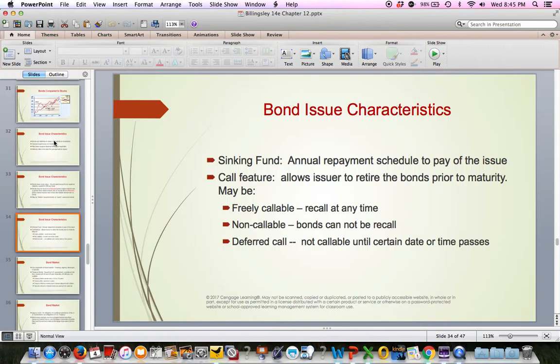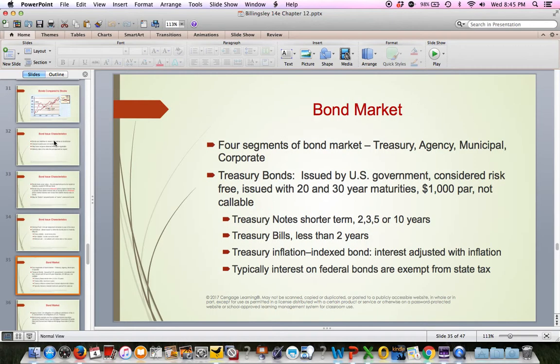If interest rates drop, they will want to refinance the bond issue, and if the bonds have a call provision, that makes that easier. Bonds can also be non-callable, or deferred call, which means they can't be called until a certain amount of time goes past the initial issue time.